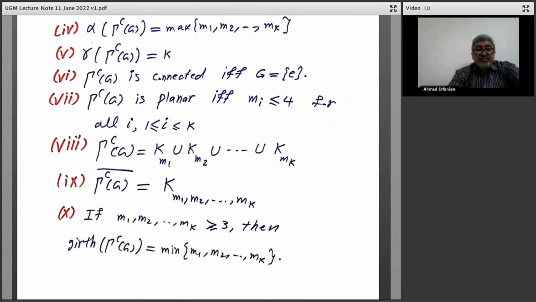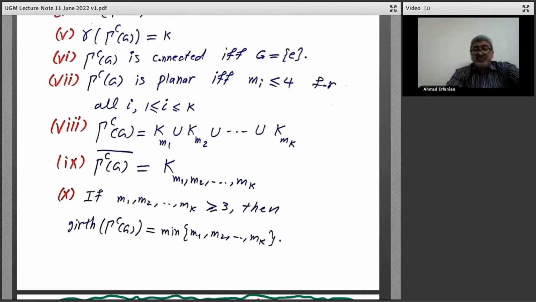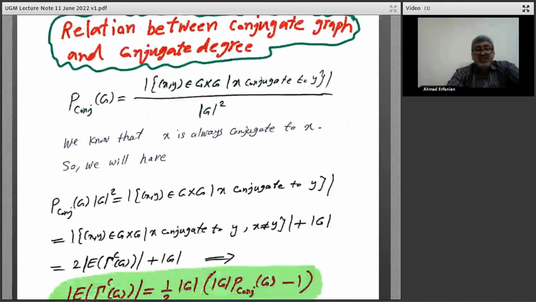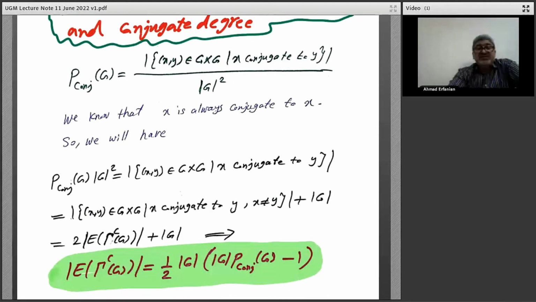As I told you, if the size of each conjugacy class is at least 3, then the guess is the minimum size of conjugacy class. So the relation between the conjugate graph and conjugate degree is the following. This is the definition of conjugate degree, right? The conjugate degree is the number of pairs x and y such that x and y are conjugate, divided by the order of G squared.